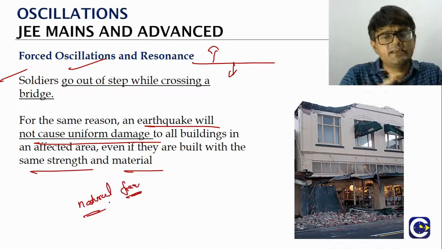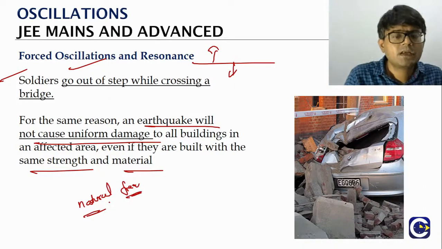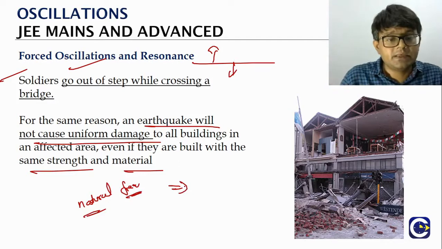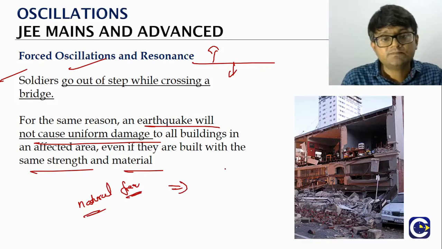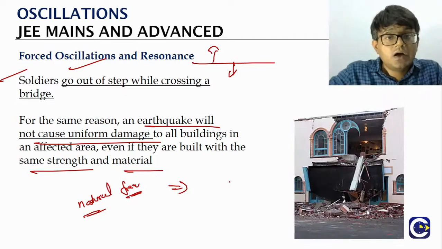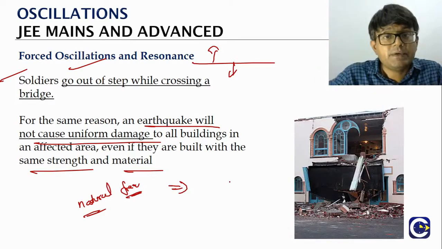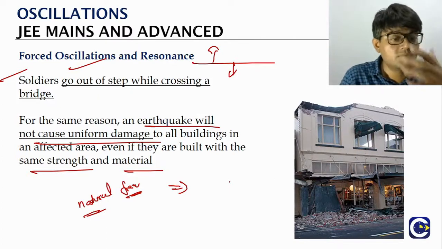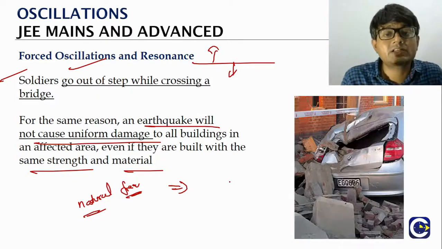It depends, as I said, on various other factors also. If the frequency at which the earthquake is happening coincides with the natural frequency of the construction, then it is going to be oscillating or vibrating with a peak amplitude. The resonance condition will be achieved, and that means there is going to be maximum possibility for destruction to happen to the building.